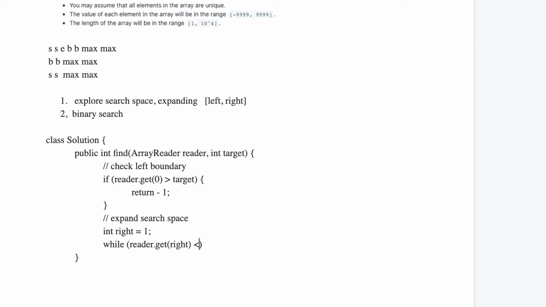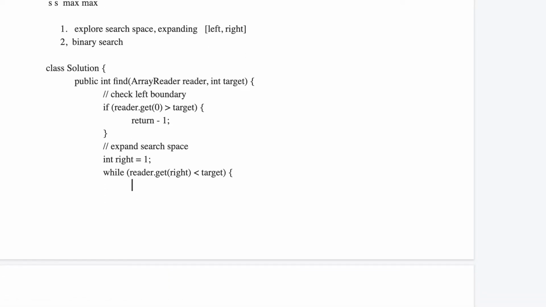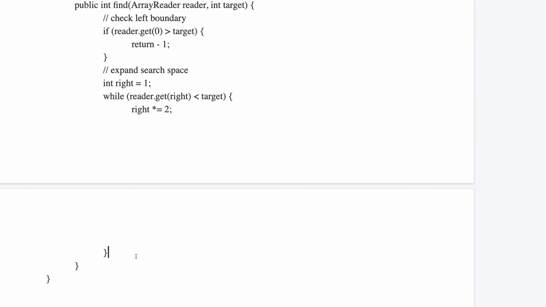So while the element at right is smaller than the target, we will expand the search space by doubling right. And then we definitely will stop somewhere, and then do binary search.